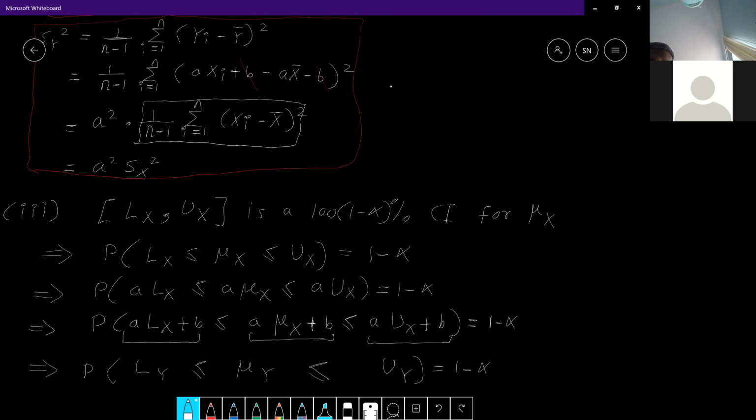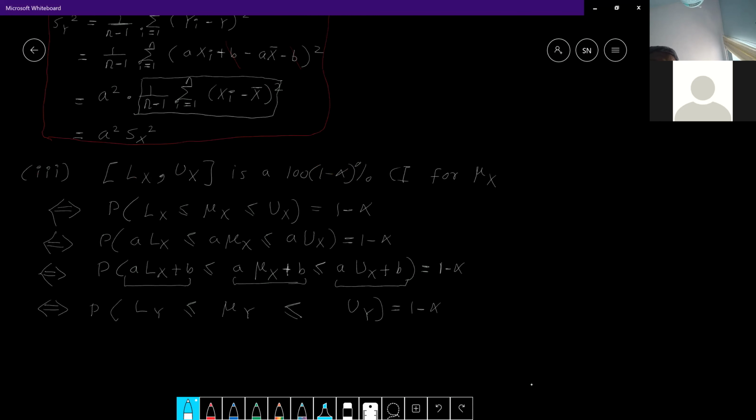Okay, so what we have shown is the following, that the interval from Ly to Uy is a 100 times 1 minus alpha percent CI for mu y.